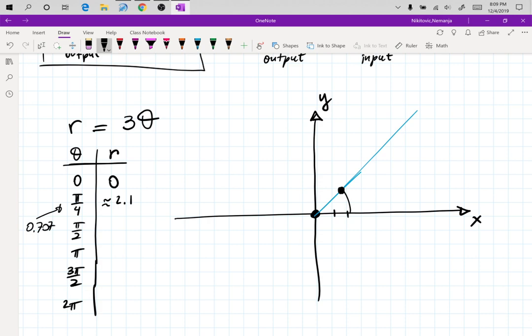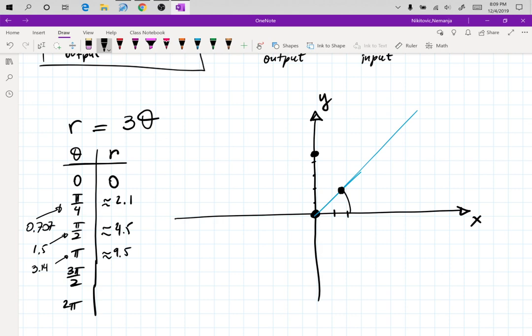Pi over 2 is about 1.5 times 3 is about 4.5. So, since that's pi over 2, that's actually the y-axis. So 1, 2, 3, 4.5 is the third point right there. Pi is 3.14, so 3.14 times 3, that's about 9.5.